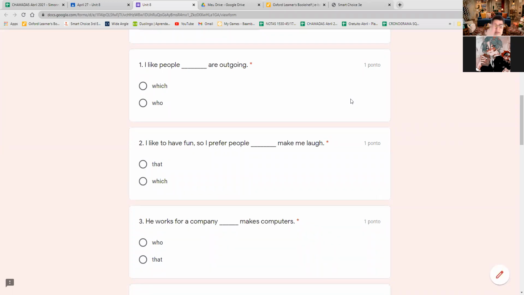All right, yes. So let's see. The first one, I like people, which or who are outgoing? What do you think? Which? Why do you think it's which?